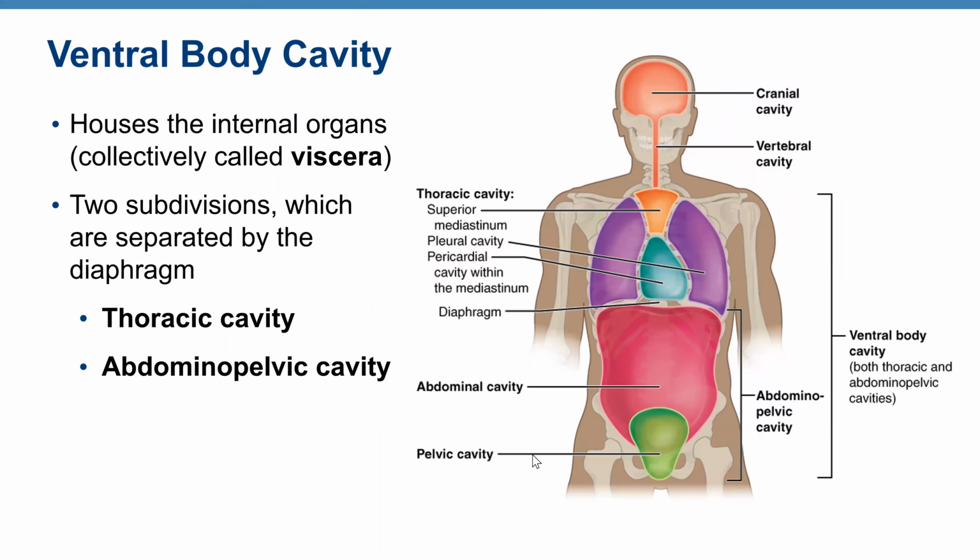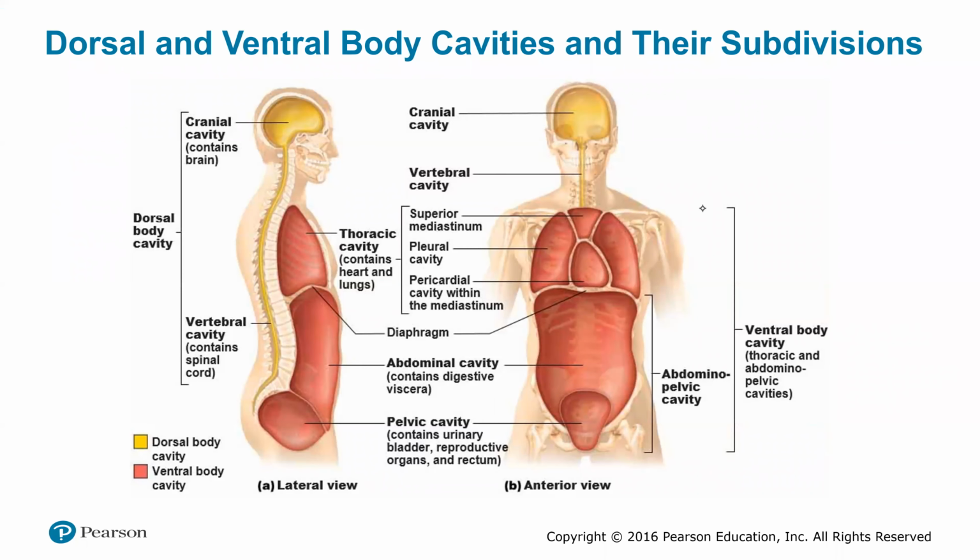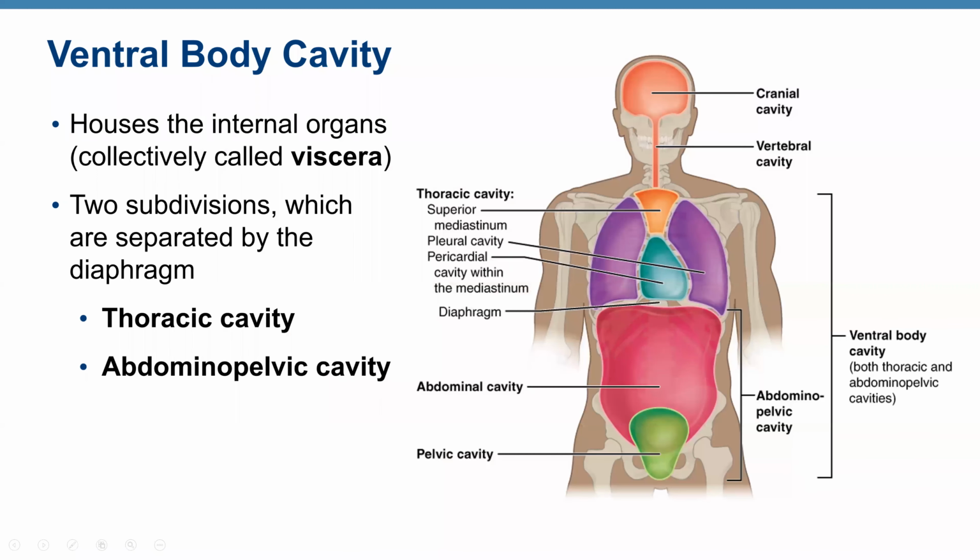So you can see that in the thoracic cavity, we have 4 different colors, right? So we have our purple color cavities. They represent pleural cavities where the lungs are located.